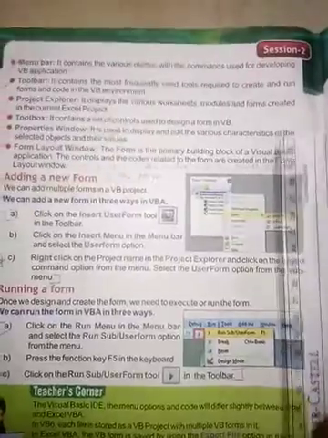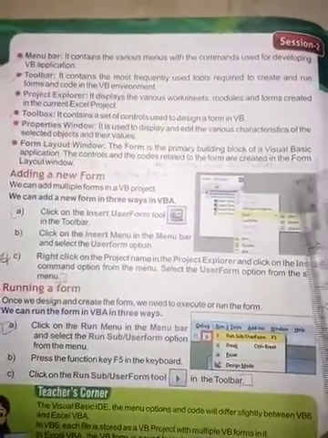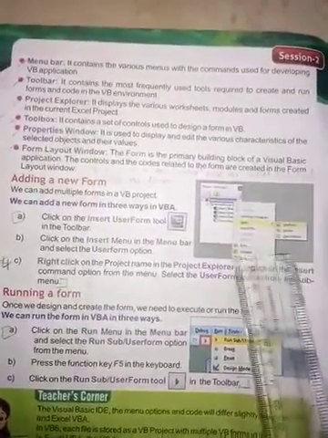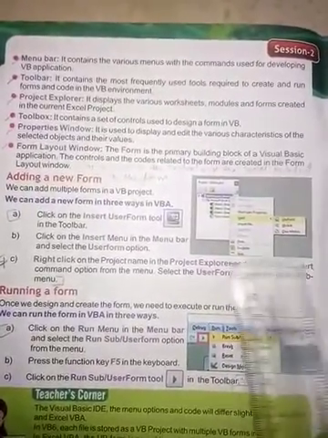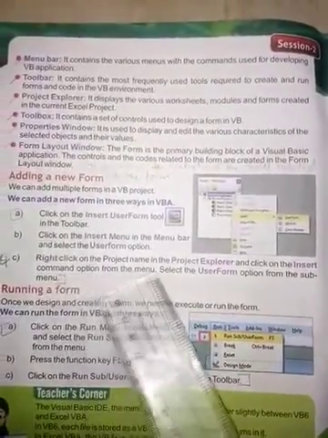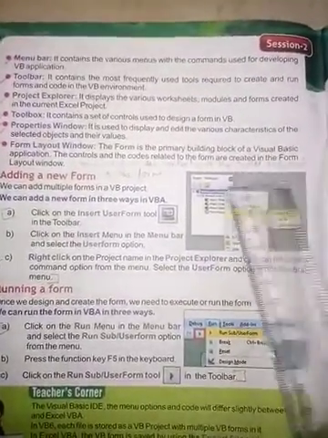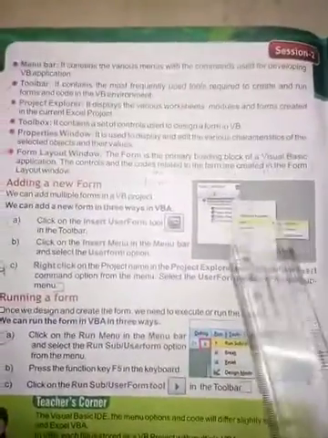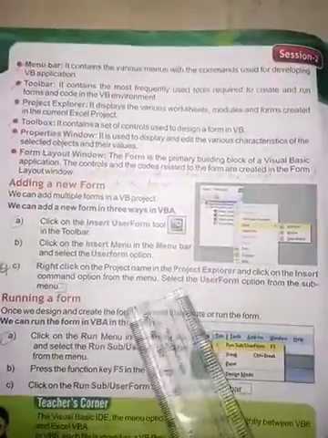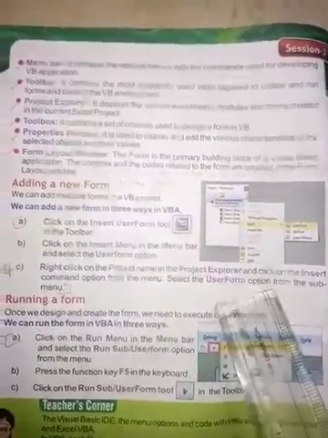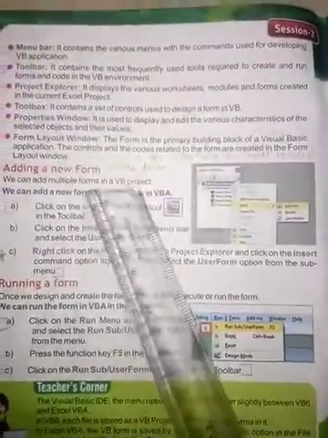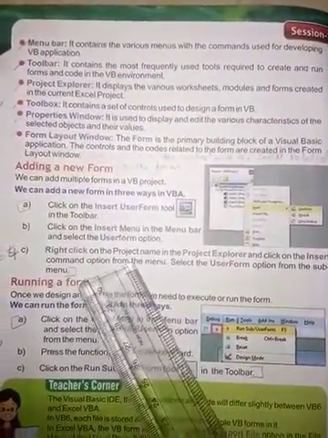Here at the right side you can see the project explorer. Right click on your project name and click on the Insert command option from the menu. When you right click, you get a menu, and when you select Insert, select the user form option from the sub menu. So these are the ways you can insert a new form.